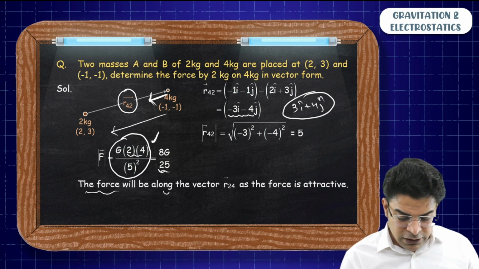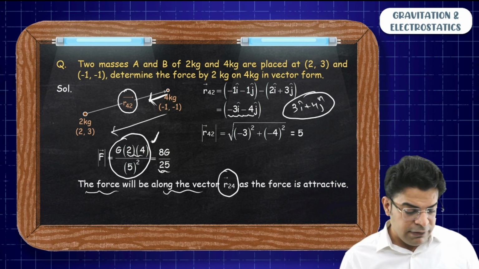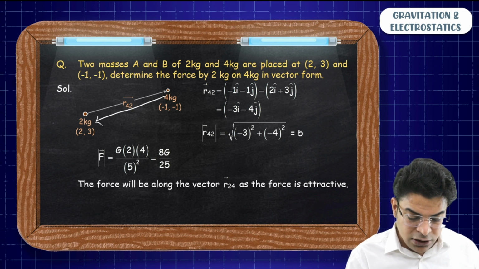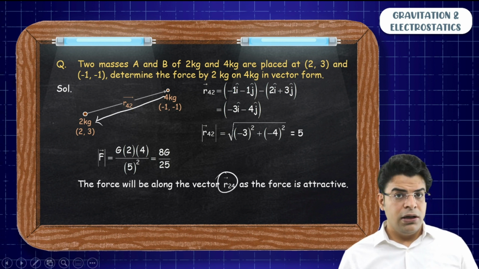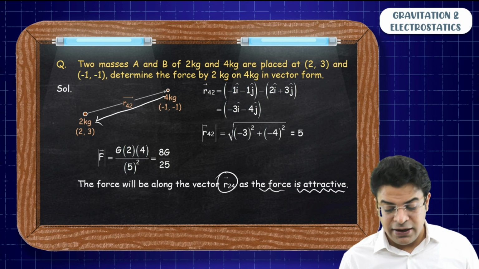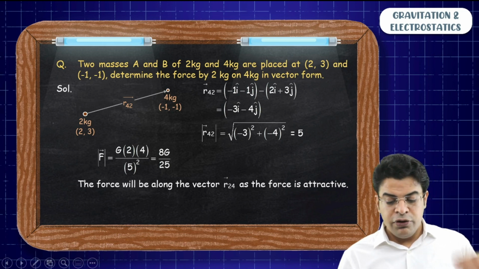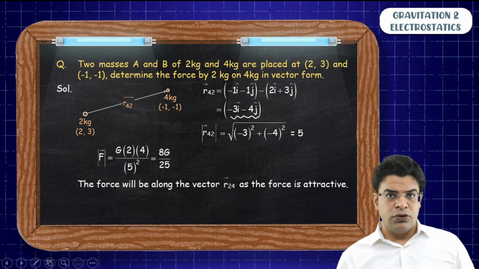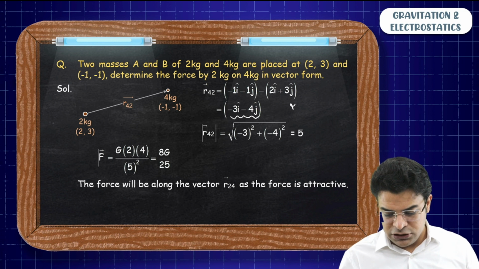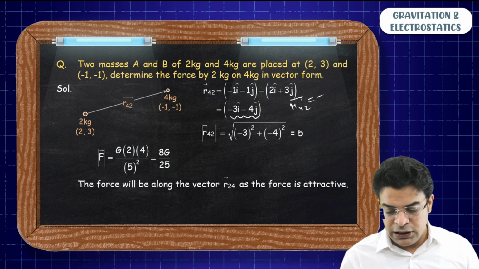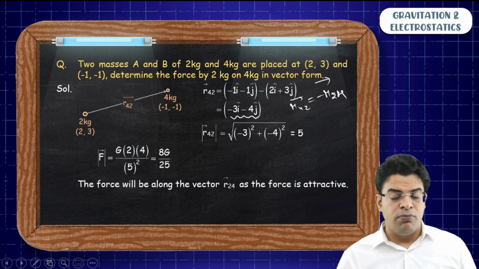The force will be along the position vector of 2 with respect to 4, as the force is attractive in nature. We know the position vector of 4 with respect to 2, and we have learned that it is opposite to the position vector of 2 with respect to 4, by a minus sign.